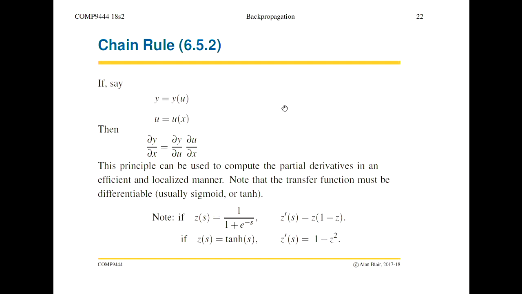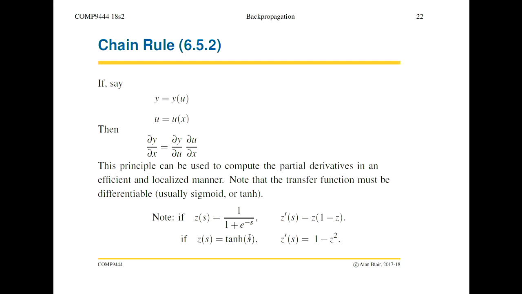So you don't have to go through this tedious process of calculating the derivatives yourself. If you just specify the equations of the network, TensorFlow will automatically calculate the derivatives. So that's actually a big advantage. But if you were going to calculate them yourself, you would use the chain rule.